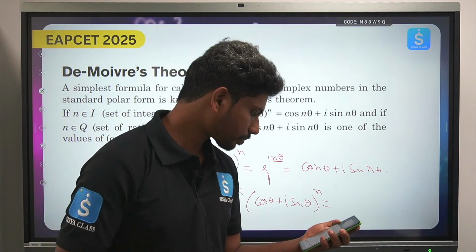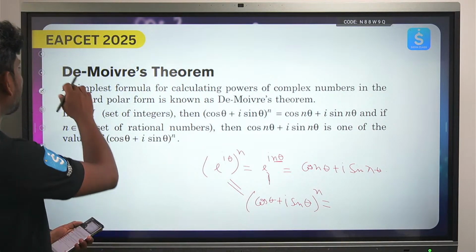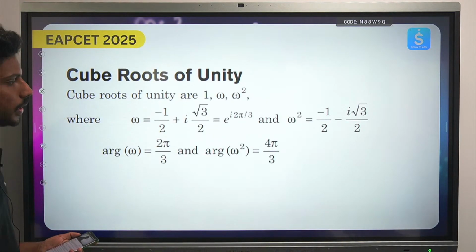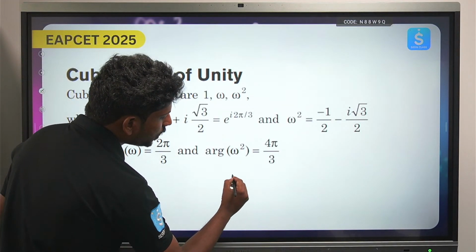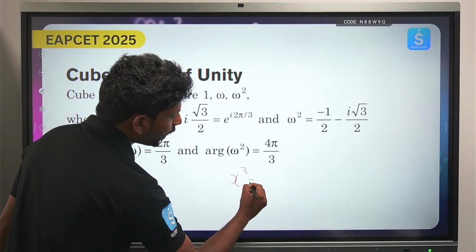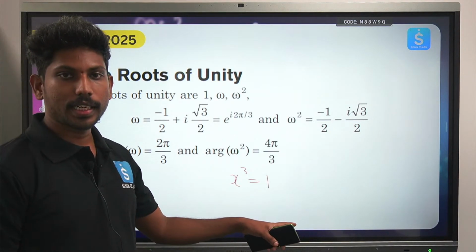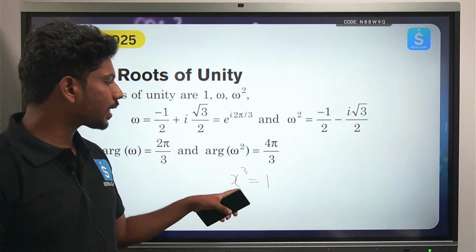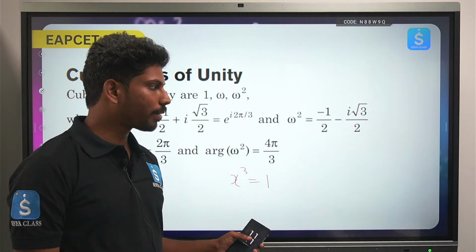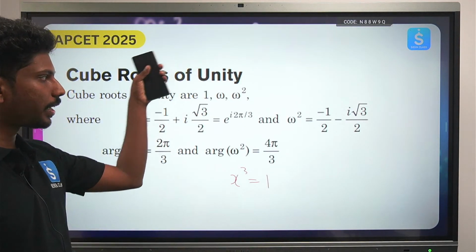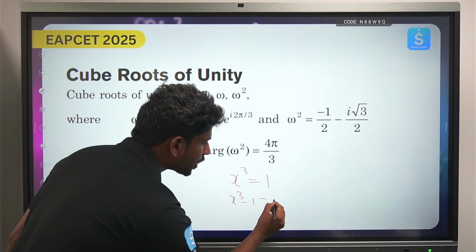Okay, so this will be cos n theta plus i sin n theta. Now the next one is cube root of unity. First, what is cube root of unity? If x cube equals 1, what are the values of x that satisfy it? On the real number line, the only real root is 1. But when you find all the cube roots, x cube minus 1 equals 0.